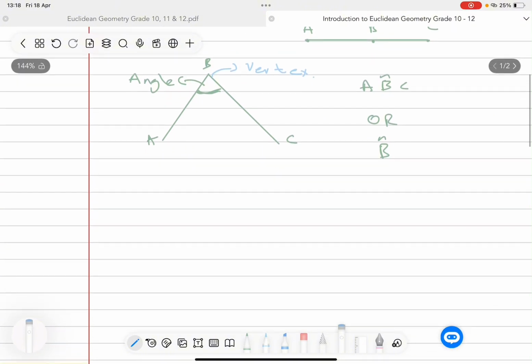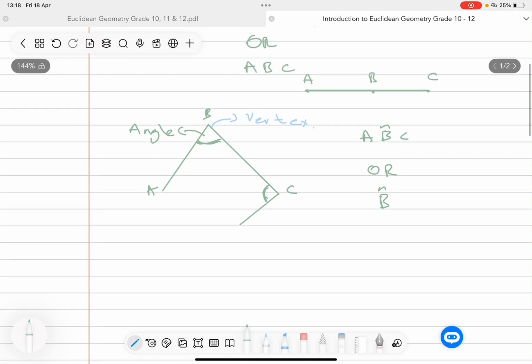At times, we can have a line that goes from A, B, C. Then let's say we make another vertex here, another edge. So now we have two edges. We will have a name for these two. It's actually the plural of the word vertex.